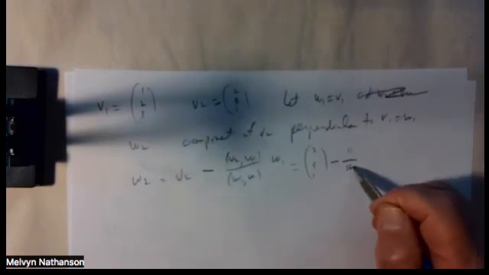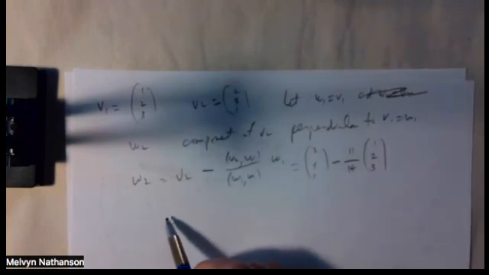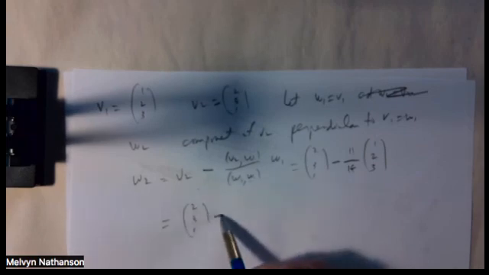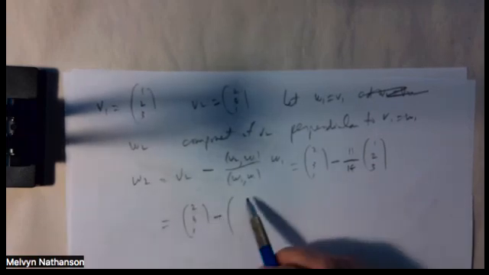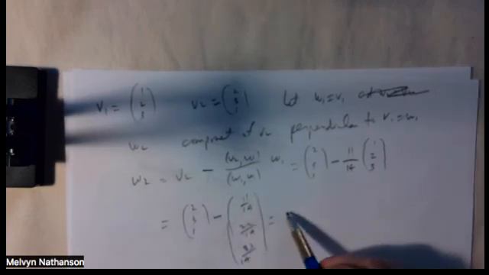So the sum of the squares of the components, 1 plus 4 plus 9, is 14, times 1, 2, 3. So W2 is 2, 3, 1 minus 11 over 14, 22 over 14, 33 over 14.